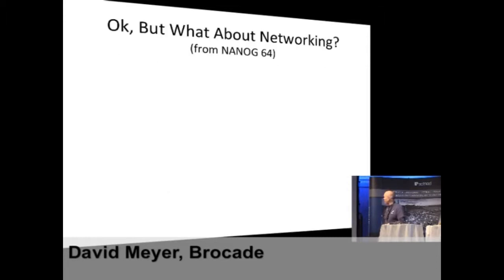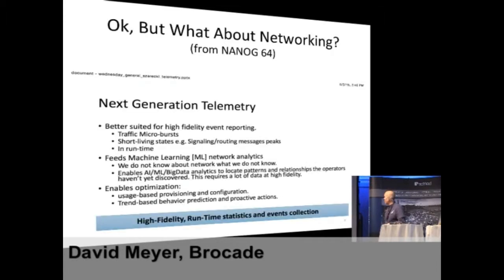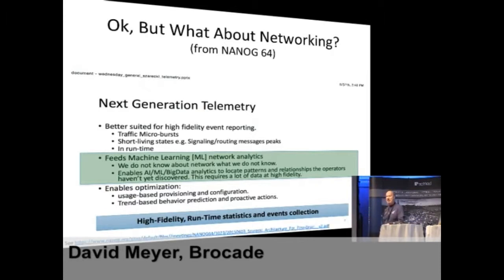So what about networking? We're here at a networking thing. Well, this was in NANOG 64. Somebody gave a talk, and of course they said, just sprinkle some machine learning dust on this and everything will be cool. But everybody knows that to deal with the massive amount of data that we have, we're going to have machine learning. There's just no other way to do it.